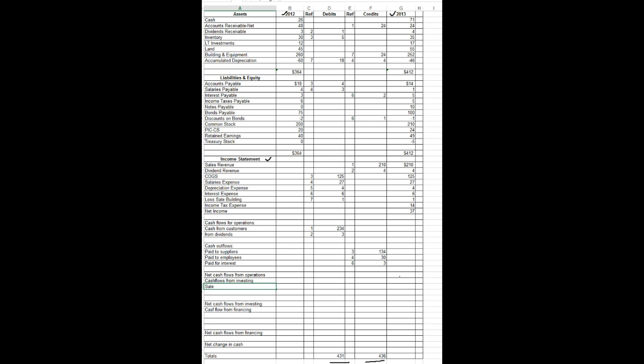So I'll write sale of building. Now they told us it was 5, though I could have made a journal entry and figured that out. I'll record that. So we have 18, 19, and 5 is 24, and 24. That transaction's done. Yippee! All right, moving on.